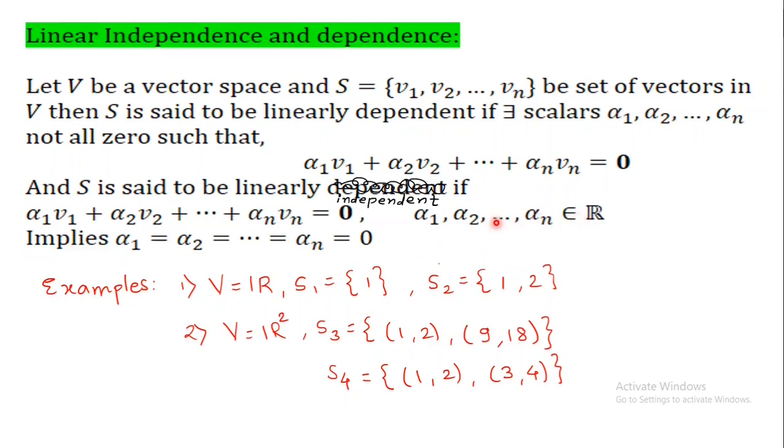Now let us understand this definition with the help of a few examples. In the first example, I am taking my vector space to be R, S1 a singleton {1} and the other set S2 containing two vectors, that is {1, 2}.